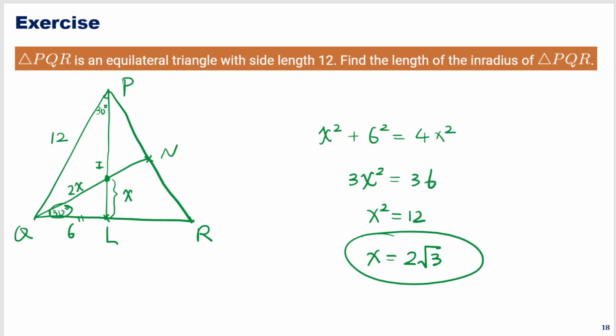Therefore, the inradius of an equilateral triangle with side 12 is 2 square root 3. Did you get it?